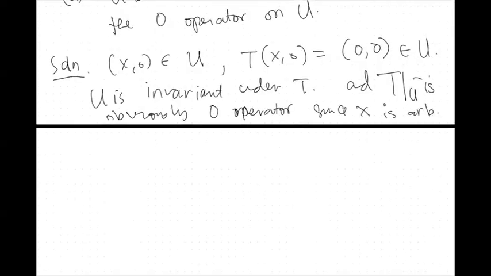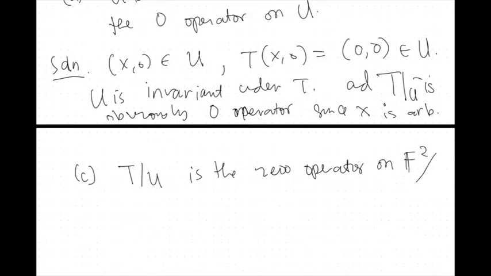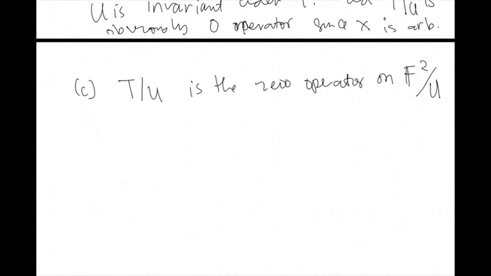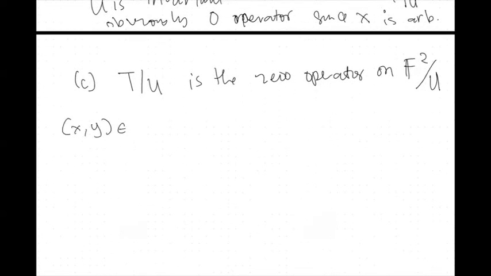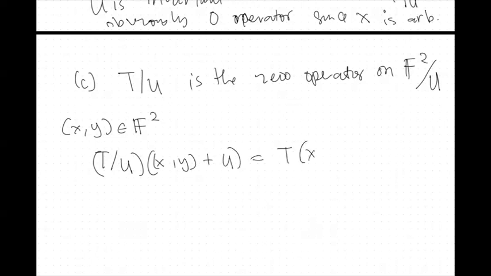Okay, and then the next part: T mod U is the zero operator on F^2 mod U. So we take an element (x, y) of F^2, then T mod U of (x, y) plus U is T of (x, y) plus U. What is T of (x, y)?